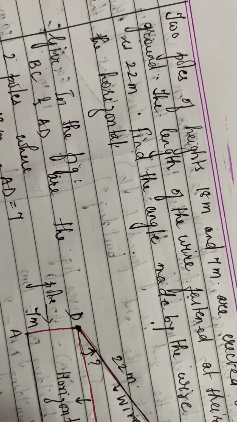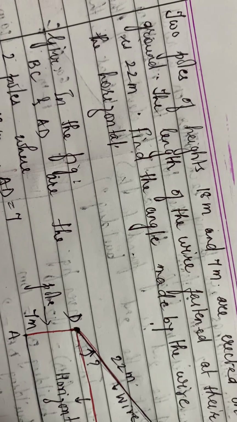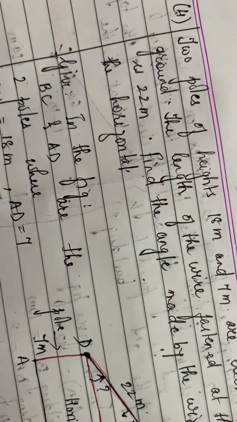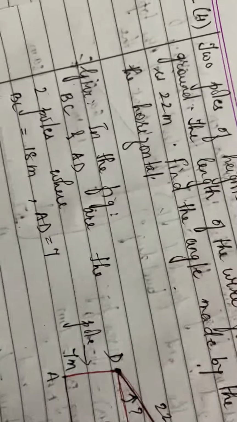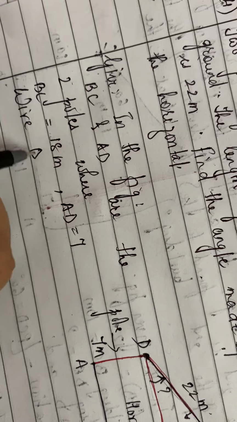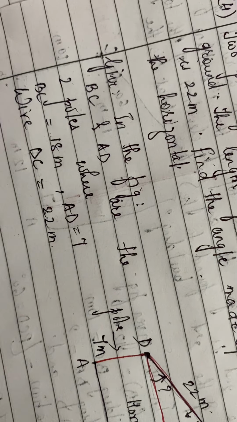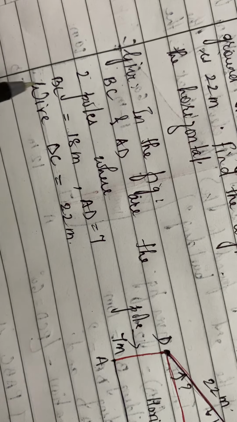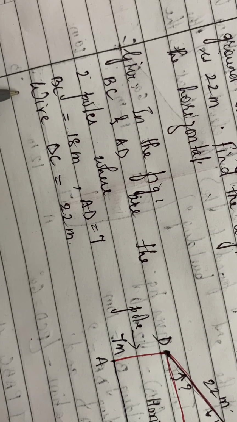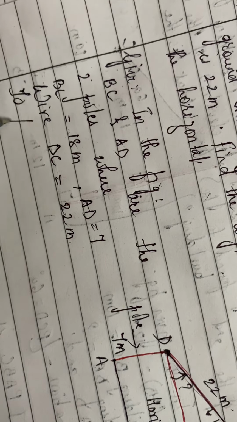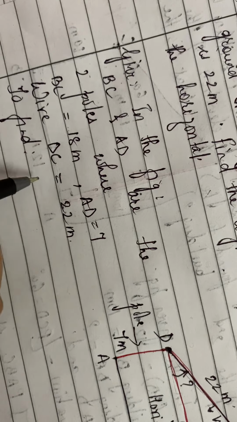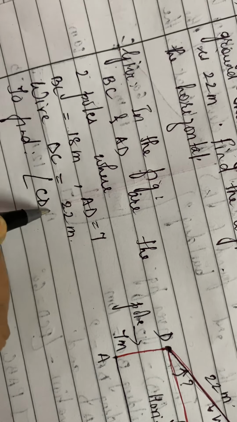This is 7 meter, this complete length is 18 meter. Wire DC is equal to 22 meter. We have to find angle CDP.